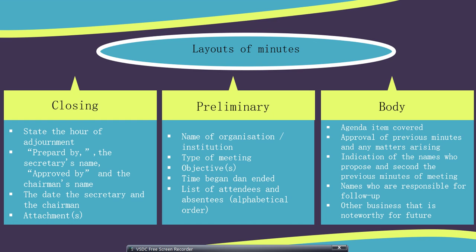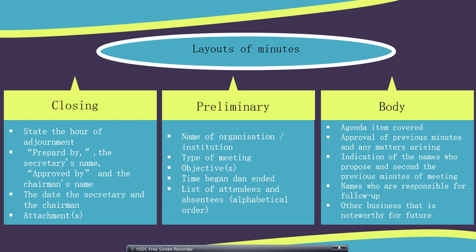Then the date and time of the meeting beginning and end. List of the attendance needs to be in alphabetical order. Clearly state the chairman or chairperson and the secretary. The last is a list of absentees, which needs to be in alphabetical order.